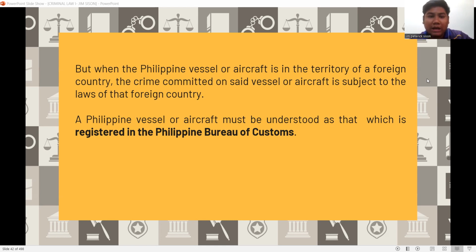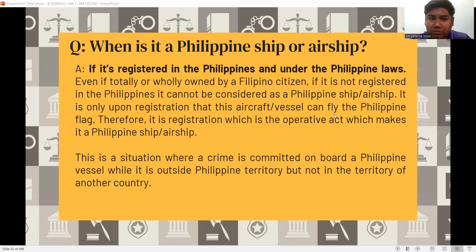So, a Philippine vessel or aircraft, take note, must be understood as that which is registered. It must be registered with the Philippine Bureau of Customs. Question, when is it a Philippine ship or airship? If it is registered in the Philippines and under Philippine laws.